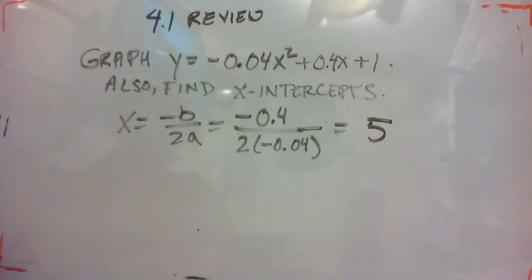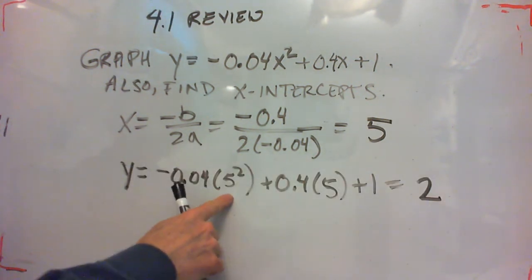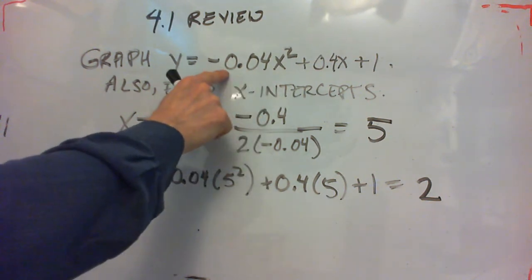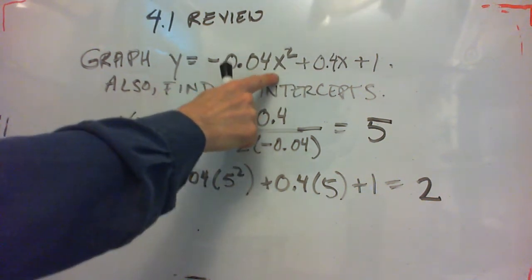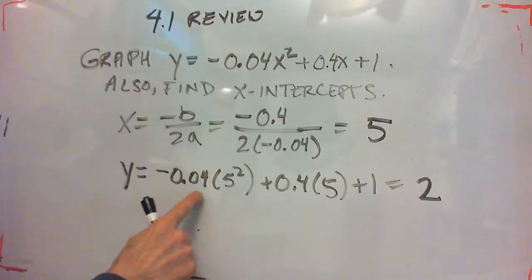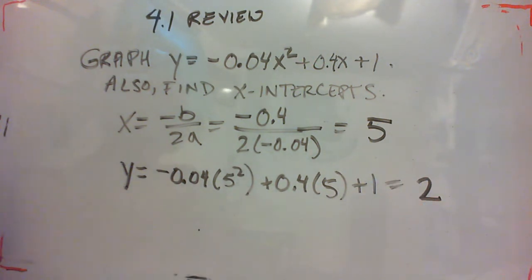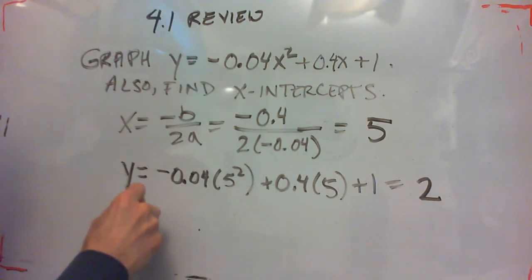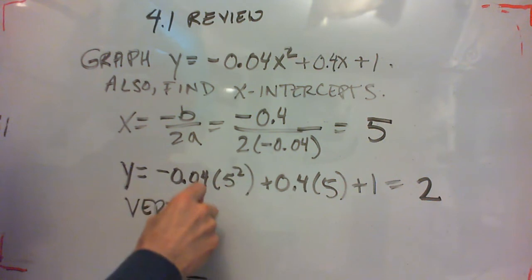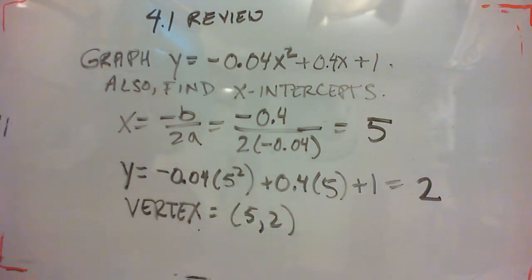Then we have to calculate the y value. When we plug x back in our function, negative 0.04 times 5 squared plus 0.4 times 5 plus 1, and calculate that out, we get y equals 2. So the vertex is at 5, 2.